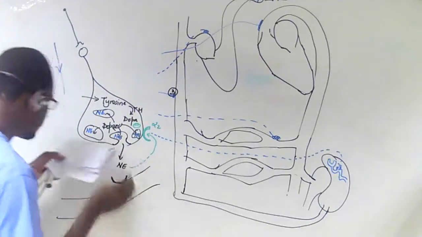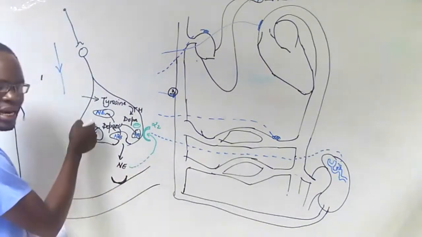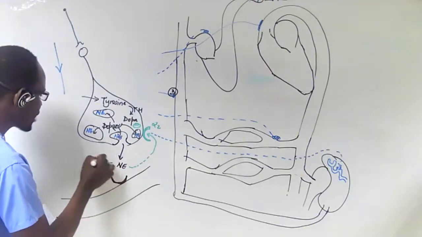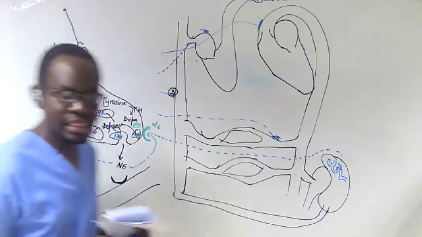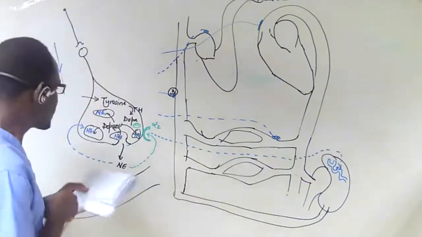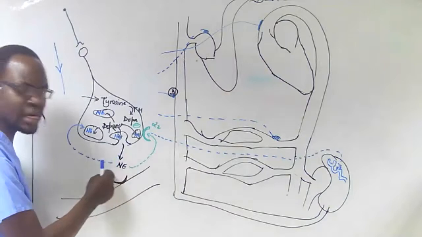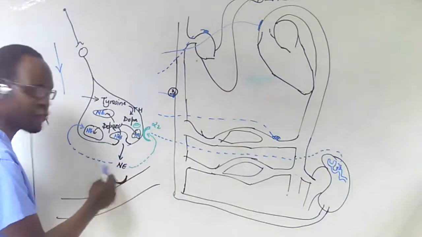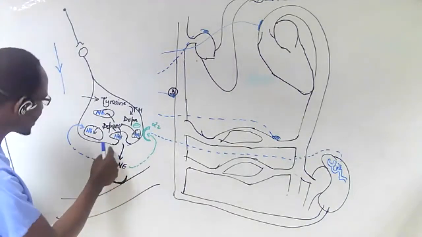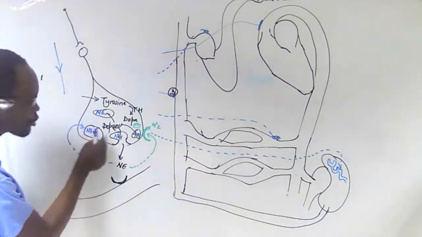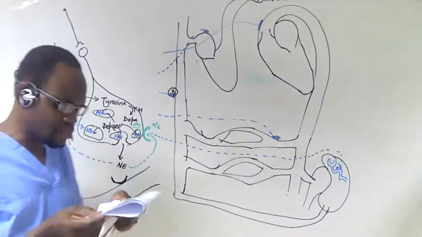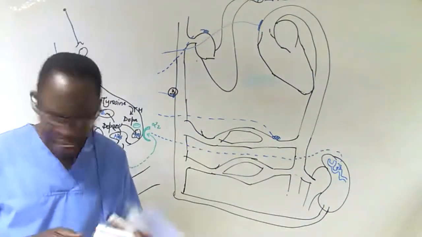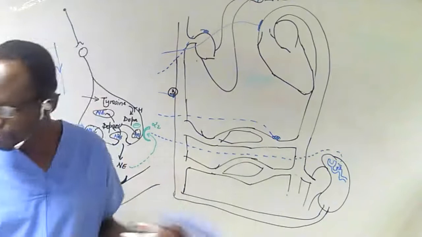There are mechanisms that transport it back into the vesicles. I want to repeat: once norepinephrine is released, it does not stay here forever. Are we together? There are mechanisms that transport it back into the vesicles.